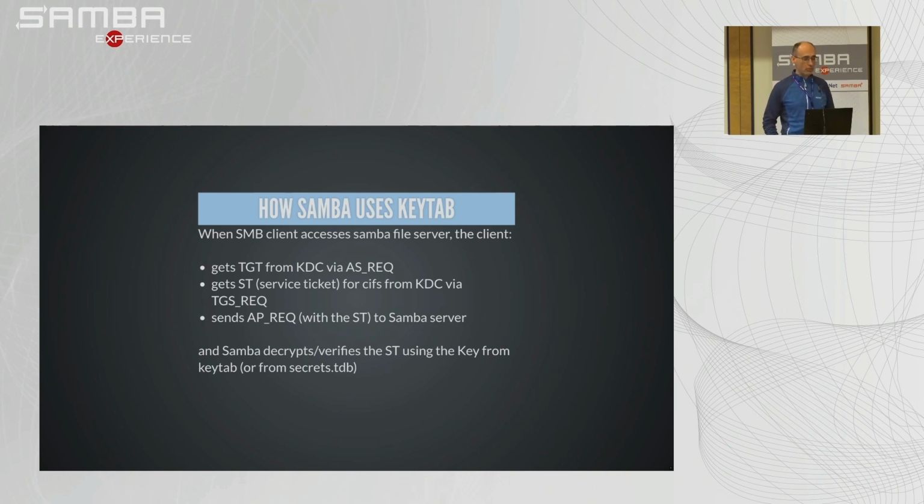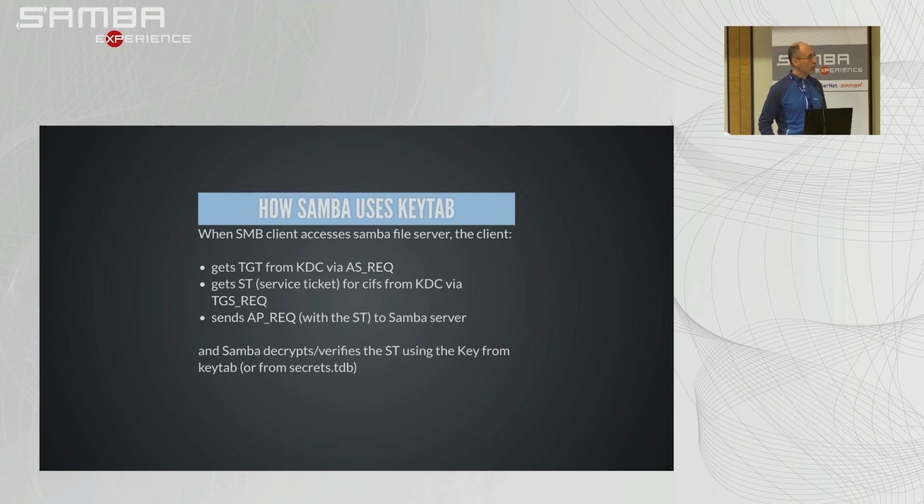Explanation, for example, of how Samba can use keytabs. So when an SMB client tries to access a Samba file share, of course it starts first with the TGT, which it gets from the KDC. Then it asks for the service ticket for the CIFS service.